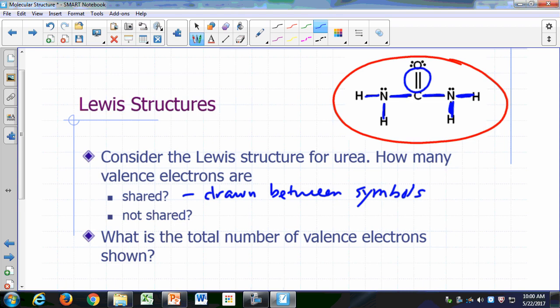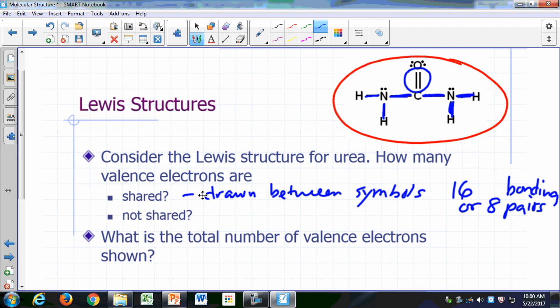And then you have 2 dashes here, so that makes 14 and 16. So that's a total of 16 electrons, or you can say 8 pairs. You can say you have 8 bonding pairs, because those are shared between atoms.